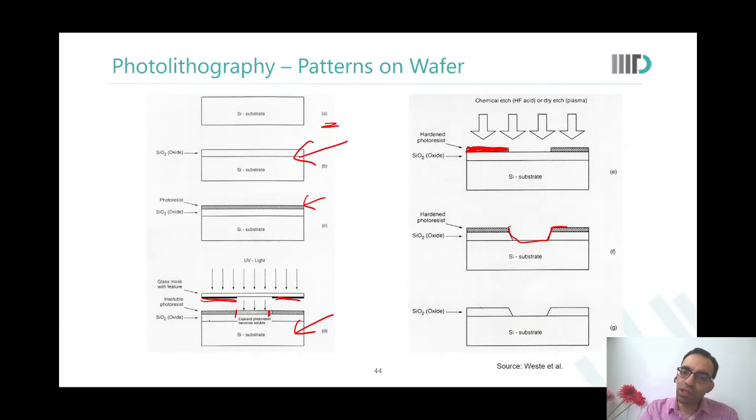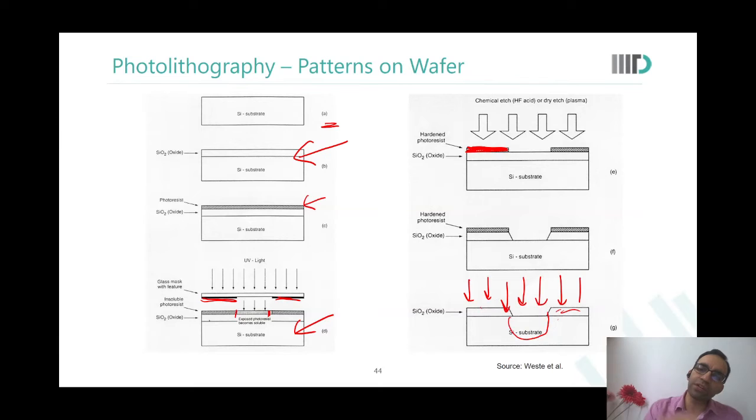What will you do now? You will remove the photoresist and you will, let us say, implant boron. What would happen? Boron would not go beneath this oxide layer, but over here you will form a P+ region. Are you able to see this?